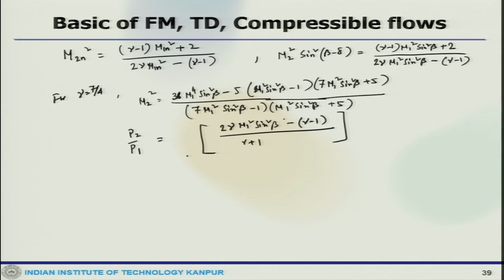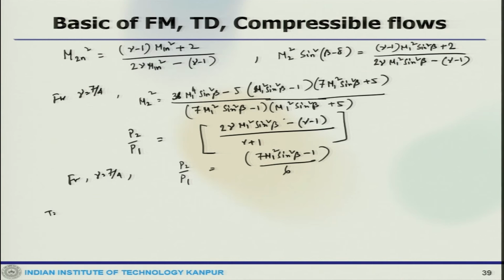So, for this case also, for gamma equals 7 by 5, this P2 by P1 becomes (7 M1 square sin square beta minus 1) by 6.